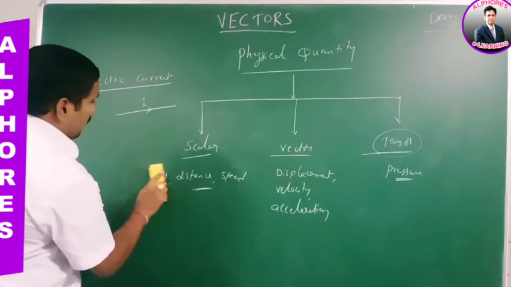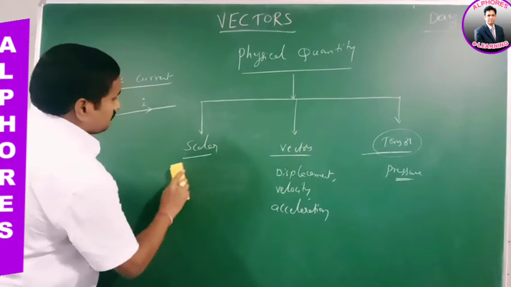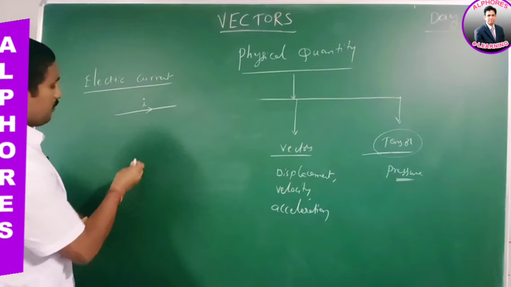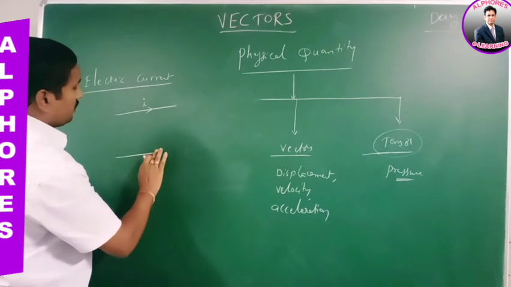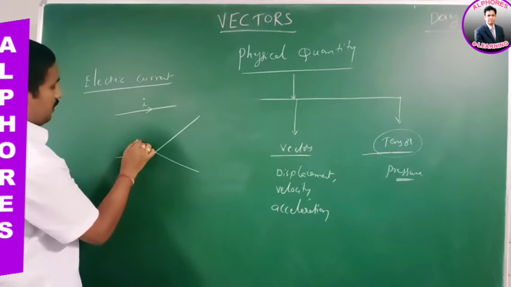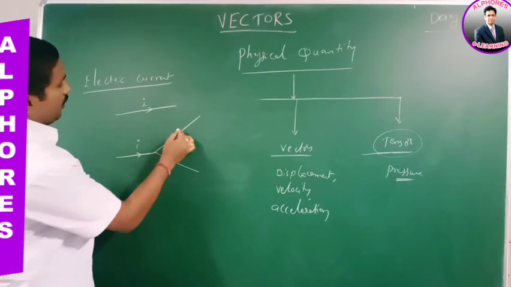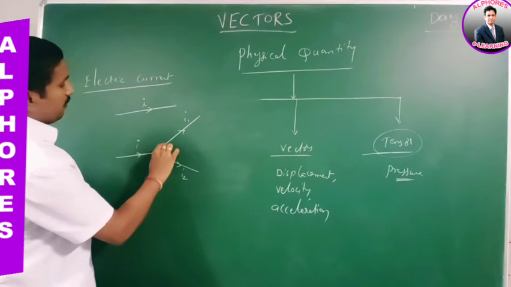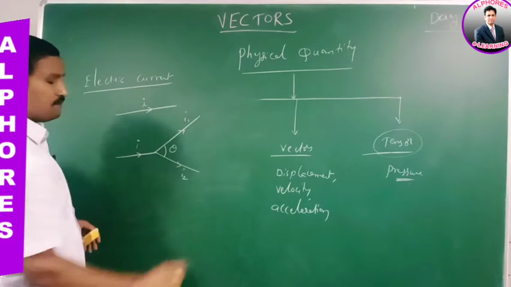Listen all of you. This is our previous knowledge as per the 10th class syllabus. Let us say this is the incoming current I, and the outgoing currents are I1 and I2. These two branches are inclined by an angle theta.